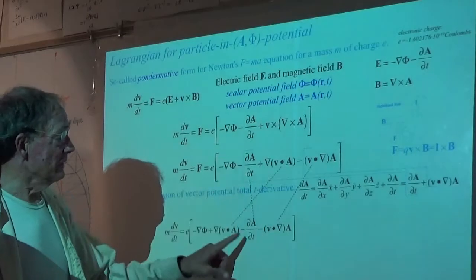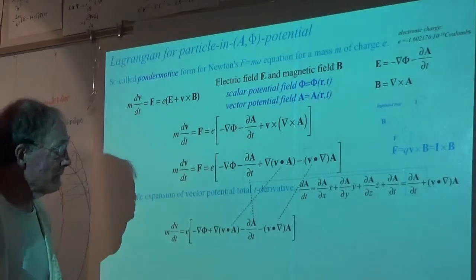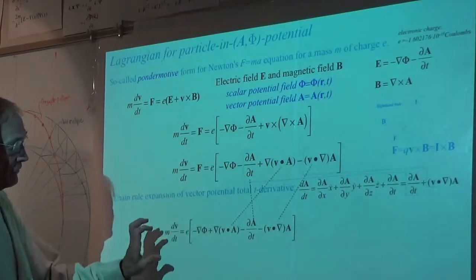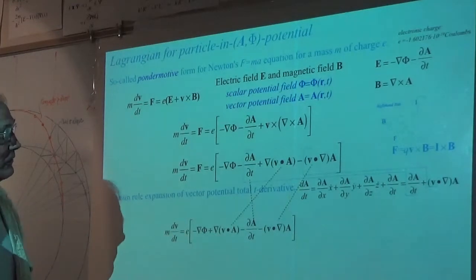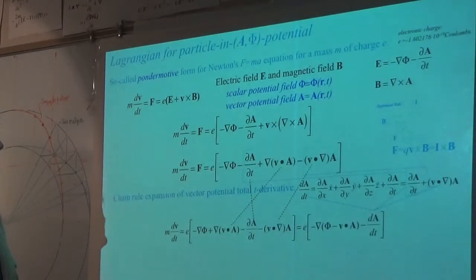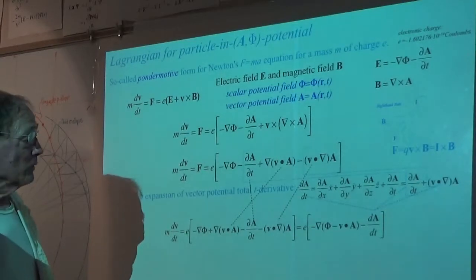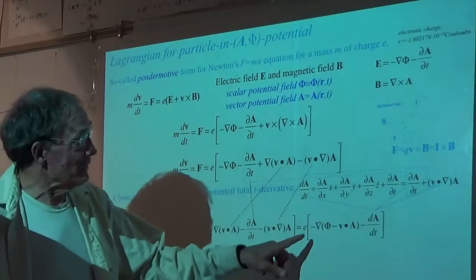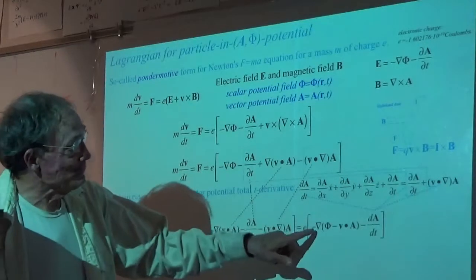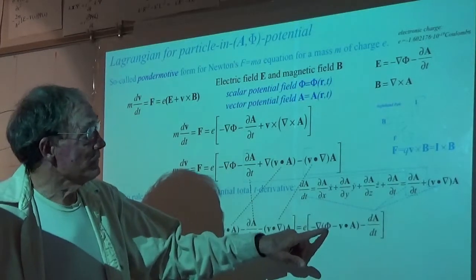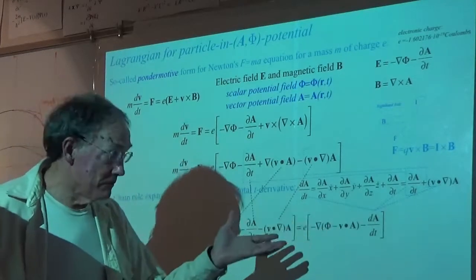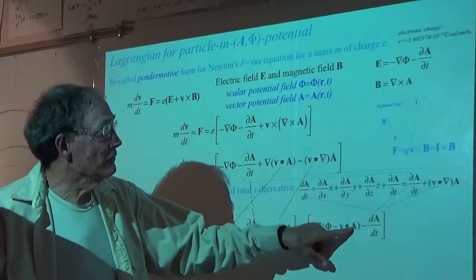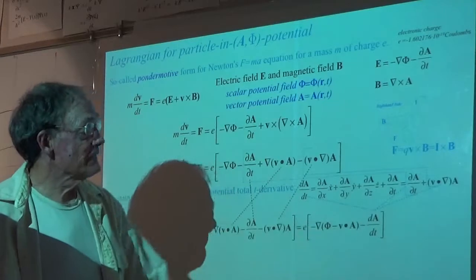This guy right here, just change the position of it. Gradient of phi is going to want to have that combination, as it turns out. And so, if things go right, we would be able to get the gradient of the potential, which is only a function of r, and possibly time, and v dot A. Okay?